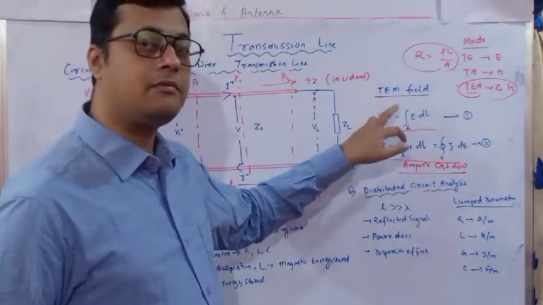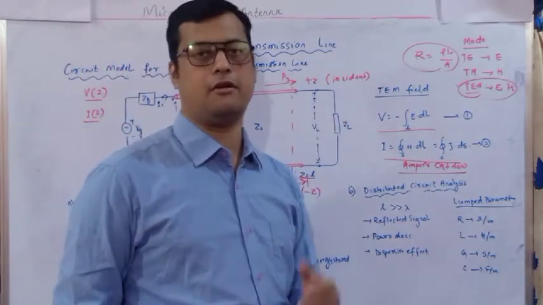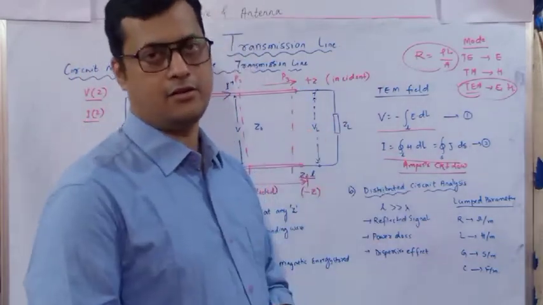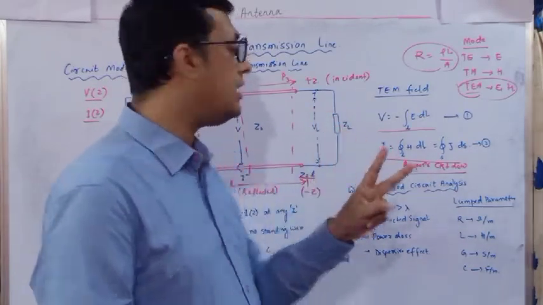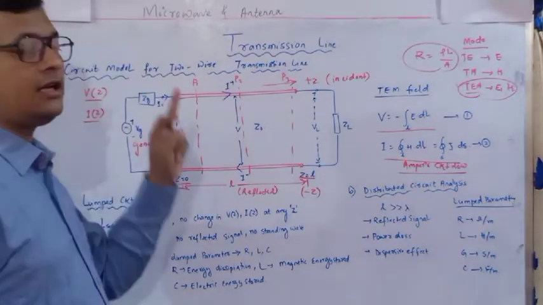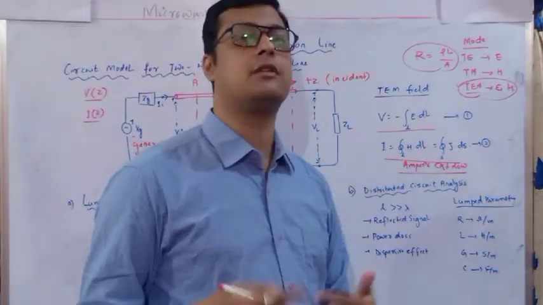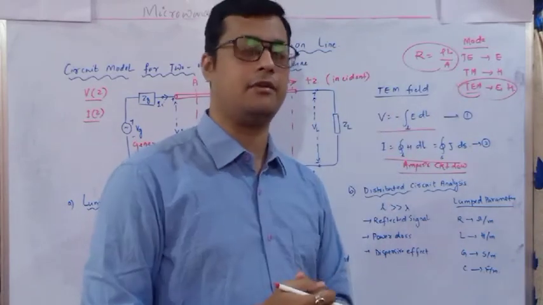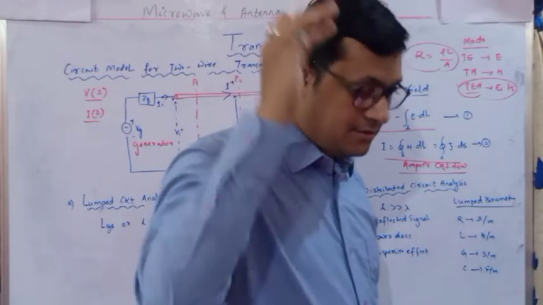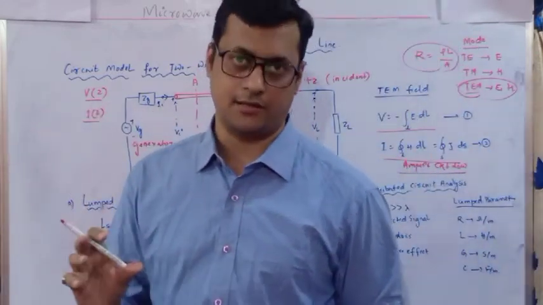So with the help of these two relations, we are going to derive the wave equation for this transmission line. These are the two basic equations required for this circuit model of the two-wire transmission line. These two equations help us to relate the potential and current in terms of electric field and magnetic field.